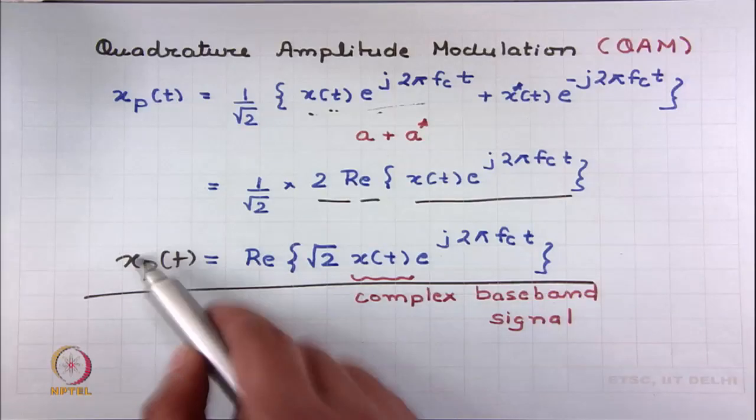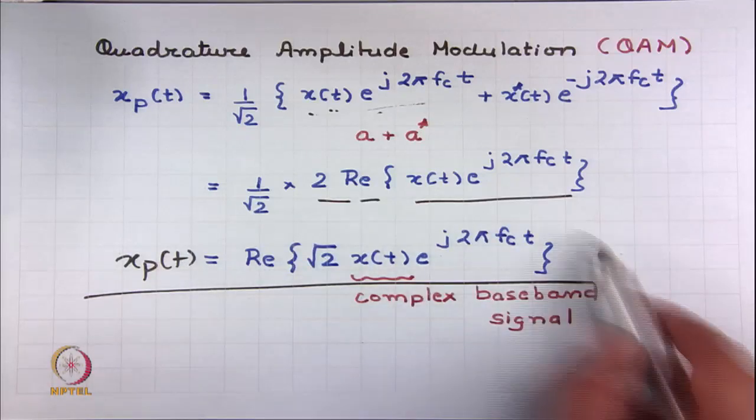So, even though we have not mentioned it, if your passband signal can be expressed like this, we are in the regime of quadrature amplitude modulation. This is the way of conversion of baseband to passband signal.